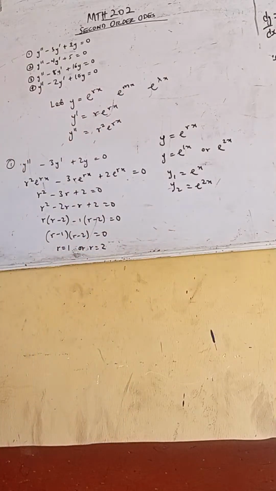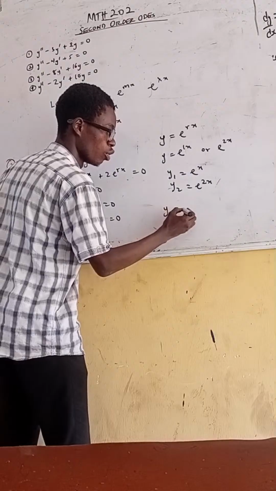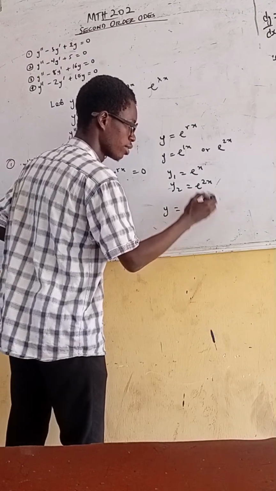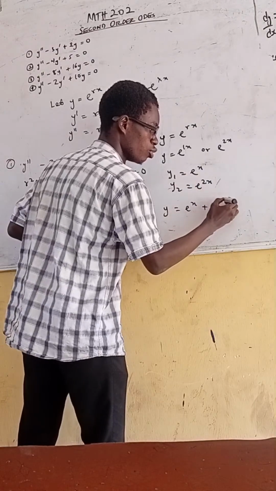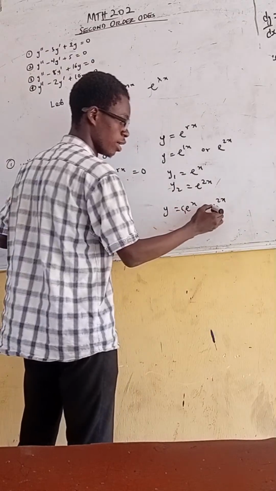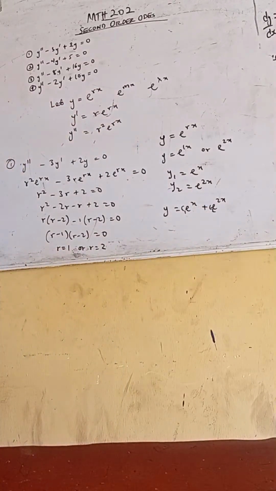Since both of them are solutions to this ODE, we can add them together and say our y equals e raised to power x plus e raised to power 2x. But most times they add constants c1, c2. So this is how you basically see the solution to this number one equation. You just use y equals e raised to power rx, input it, and so goes the flow. Should we try some more?